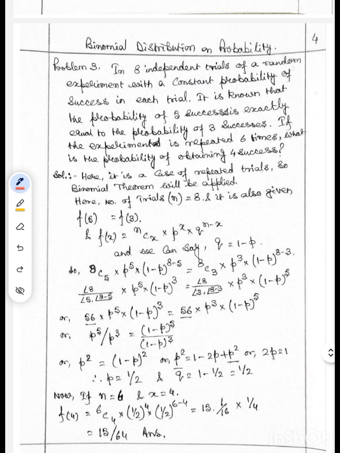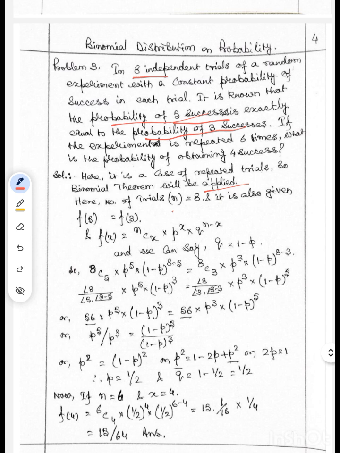So in this question, probability is not given, but the number of trials is given, that is 8 independent trials, and also another point, that the probability of 5 successes is equal to the probability of 3 successes. Okay, now we have to try to solve the problem. Here it is a case of repeated trials, so the binomial theorem will be applied.